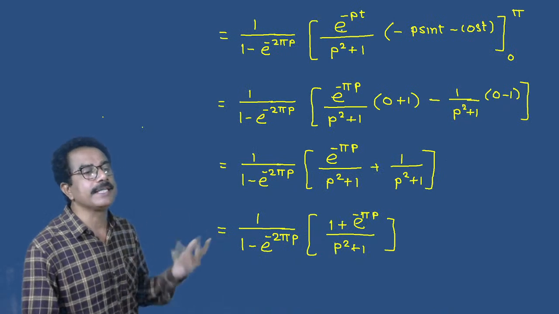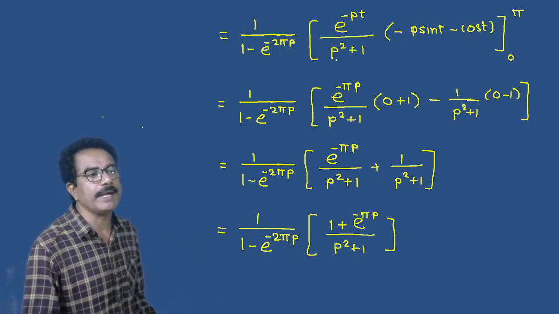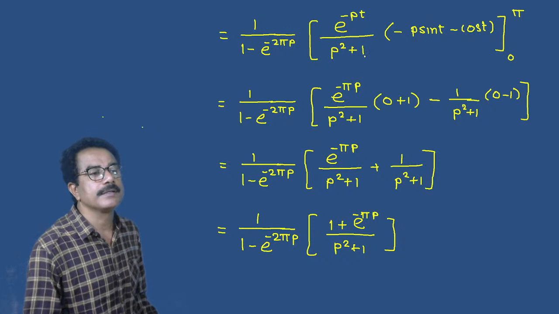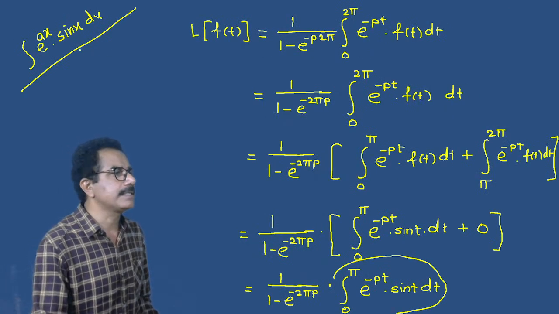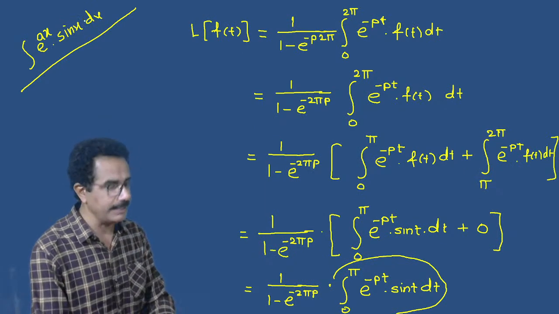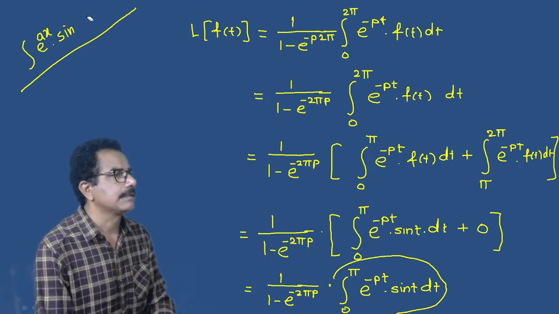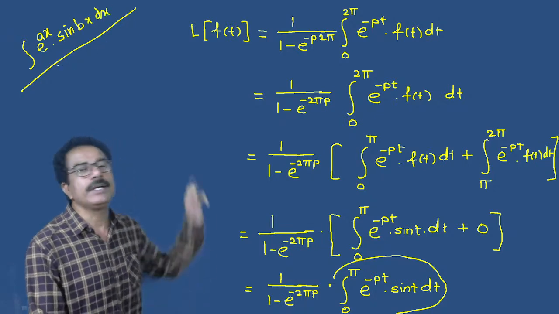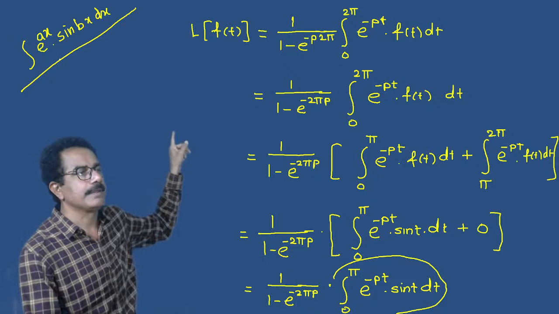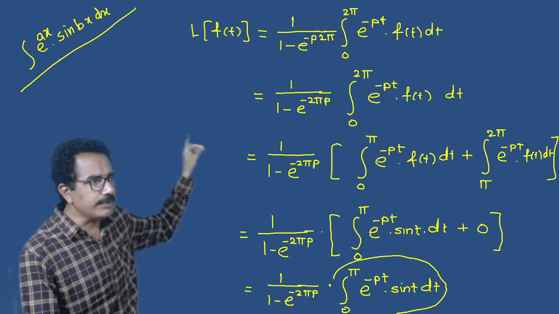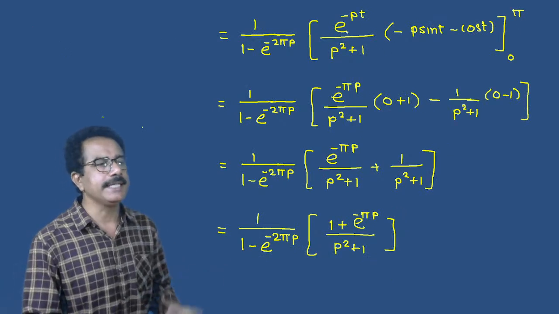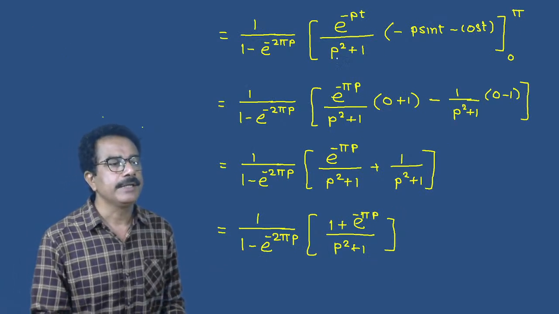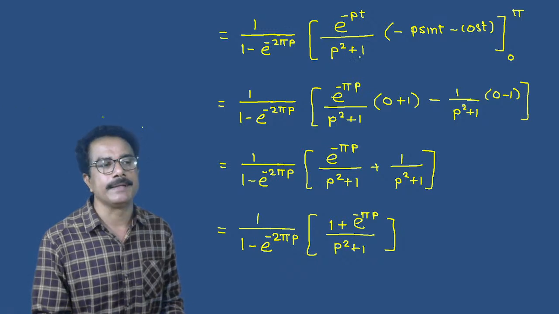We can find the integral as e raised to minus pt divided by p square plus b square; suppose this sin is sin bx. By using this formula, we can write e raised to minus pt divided by p square plus 1.